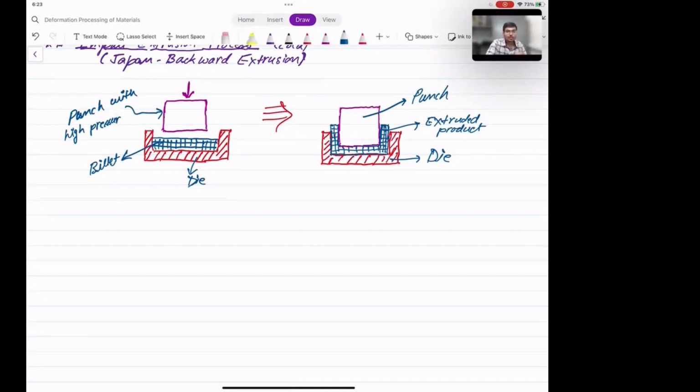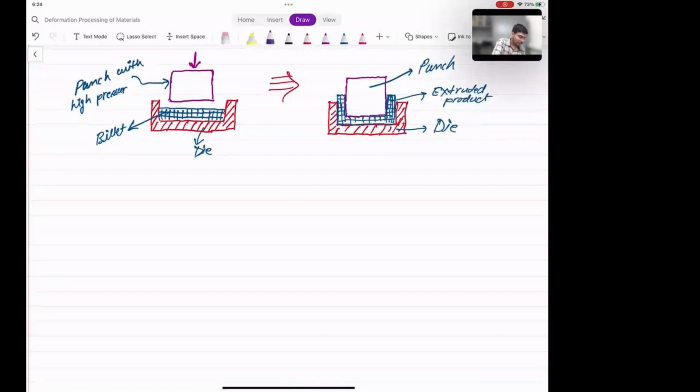So using this process, collapsible tubes like toothpaste tubes, etc., are made. This appears like forging, but it is a type of extrusion process. When we see forging, a similar type of operation is done there, but this is not the same case. Here, the billet is extruded out. Okay.